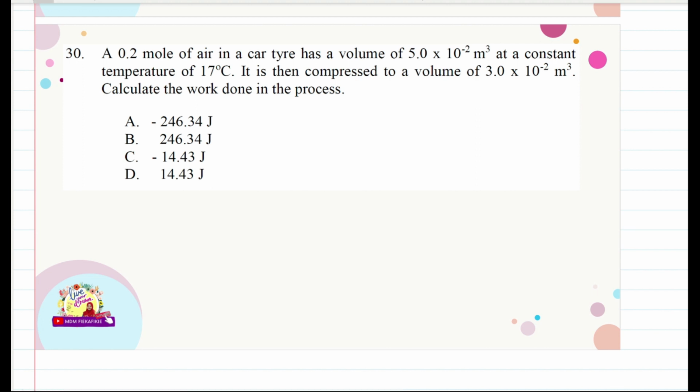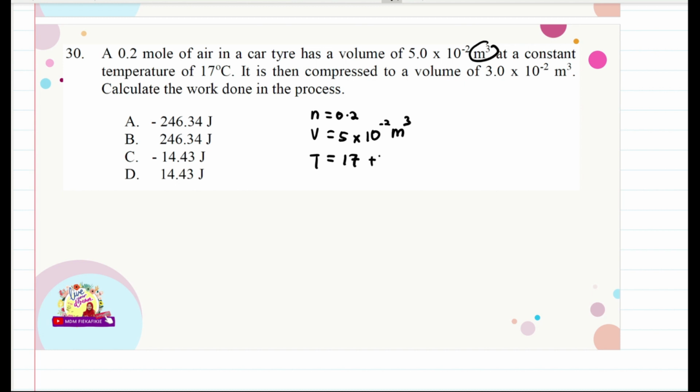Okay. So here we have 0.2 mole of air in a car tire has a volume. So given that the number of mole 0.2 and the volume is given in meter, check dia punya unit, 5 times 10 power of negative 2 meter cube at a constant temperature T. Okay, which is T is 17 degrees Celsius.